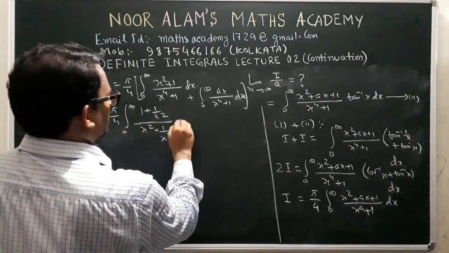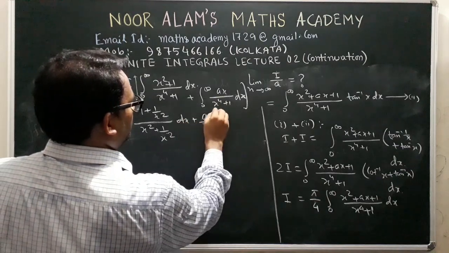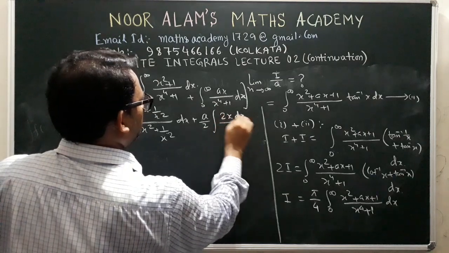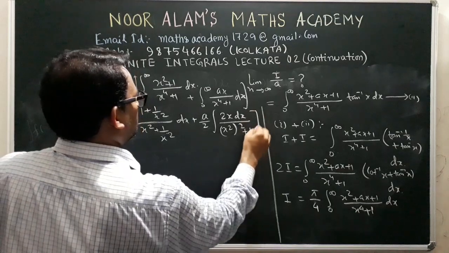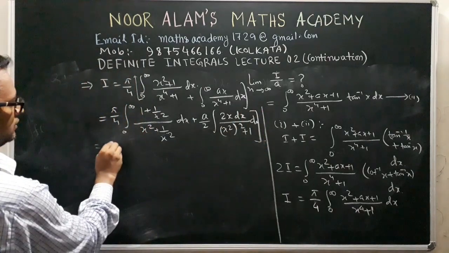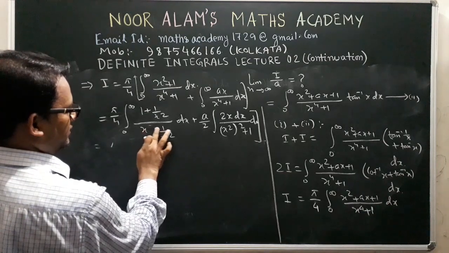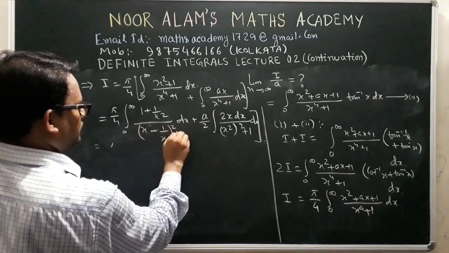Now here in the dx, from the second integral I am taking a outside and dividing by 2, and multiplying the numerator by 2. This thing I can write as x square whole square plus 1 dx. So now in this case I can write x square plus 1 by x square like this, x minus 1 by x whole square plus 2.